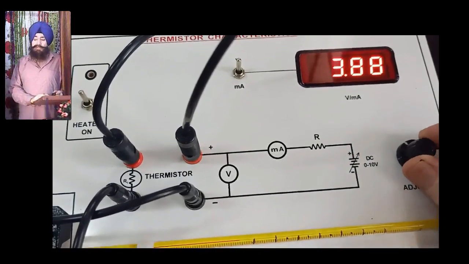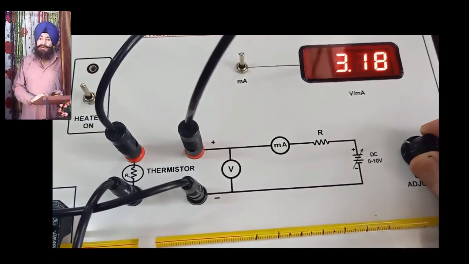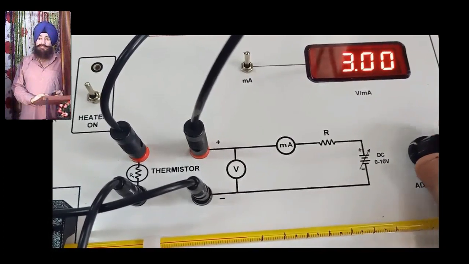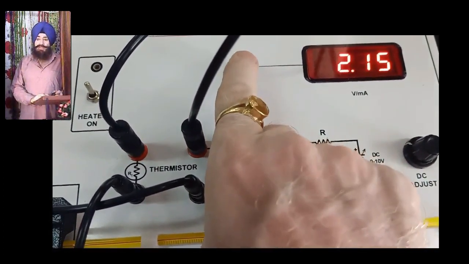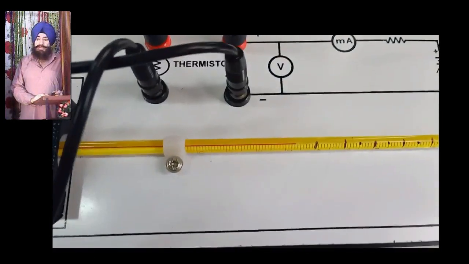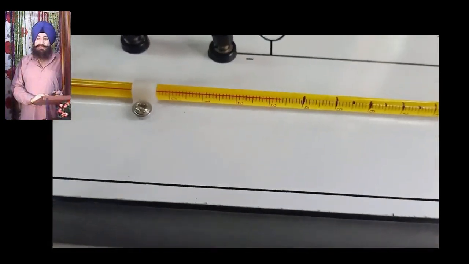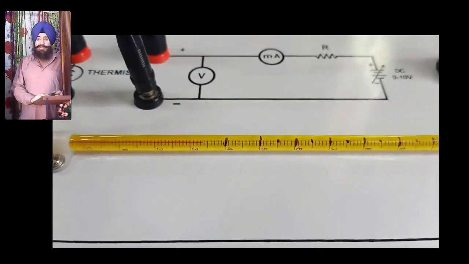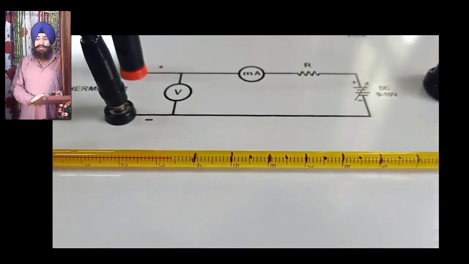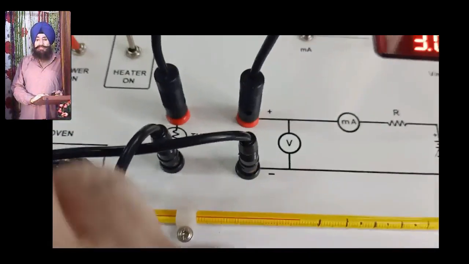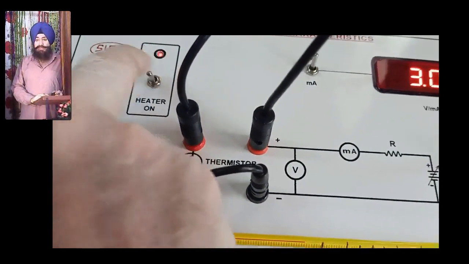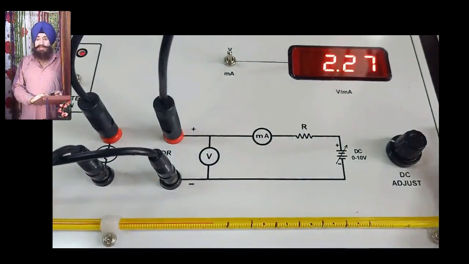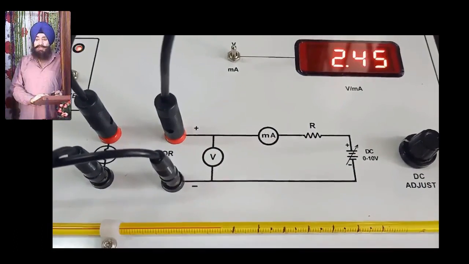I am performing another activity where I'll try to keep the voltage constant with increasing temperature. So voltage and current from here. Now this is room temperature, 33 degrees Celsius. Then switch on the heater and note down what current is flowing.